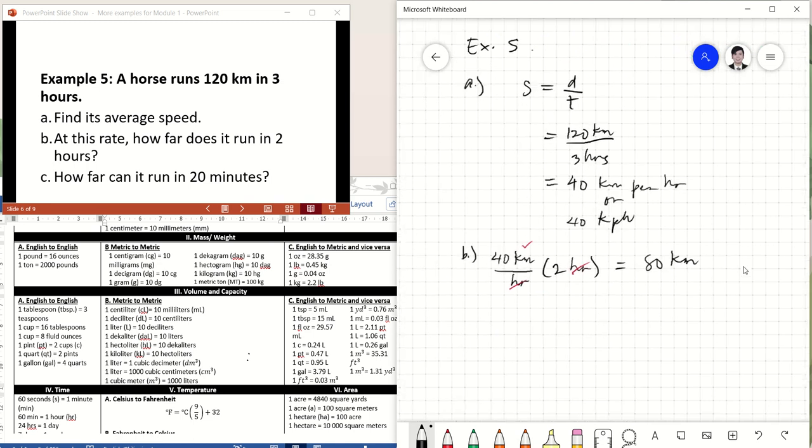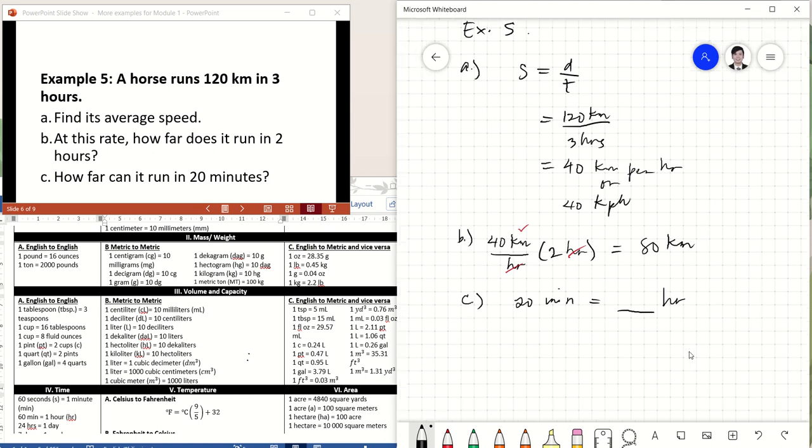Okay, let's proceed now to C. How far can it run in 20 minutes? So that's the question. First, we have to convert 20 minutes to hours. We're converting it into hours because our speed is in hours, not in minutes, so they need to have a uniform unit as well.